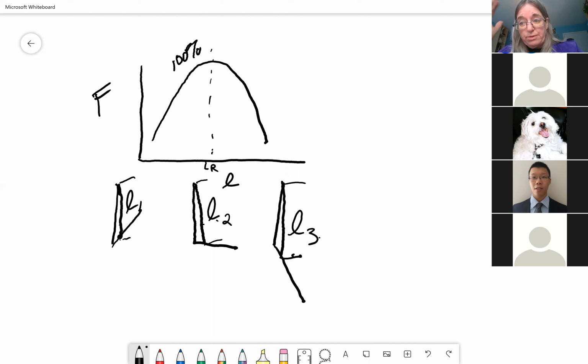It's very simple. More cross bridges you have, more force you have. So the cross bridge attaches and it tries to pull. It's not always successful in pulling, but it tries to pull in the one direction.